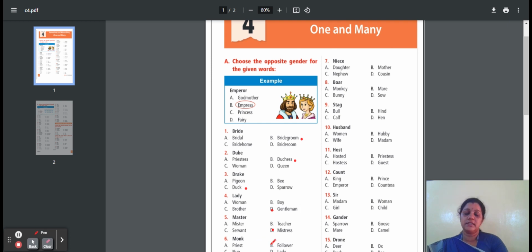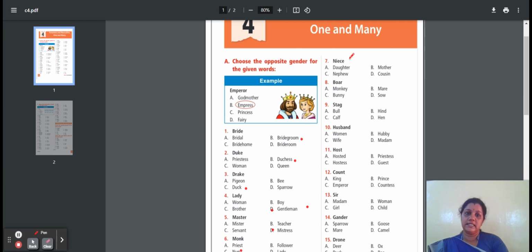Follower, a person who follows or supports a person. Nun, a member of a religious group living away from other people. Lady, a polite way of saying woman. Here the option is C, nun. The opposite gender for monk is nun.